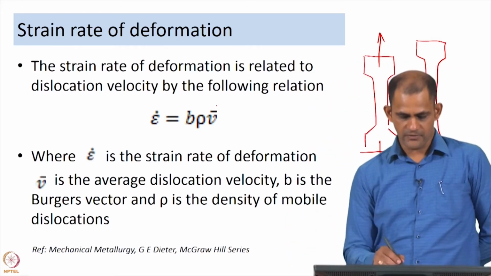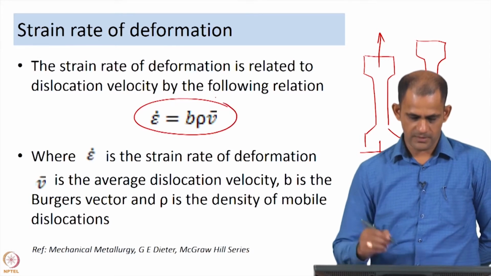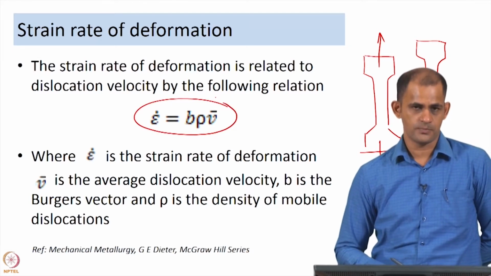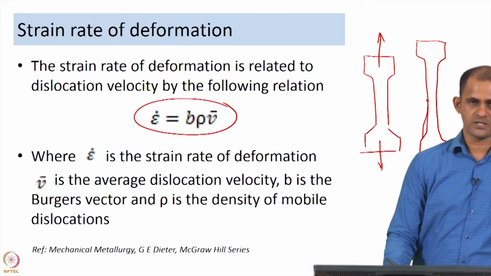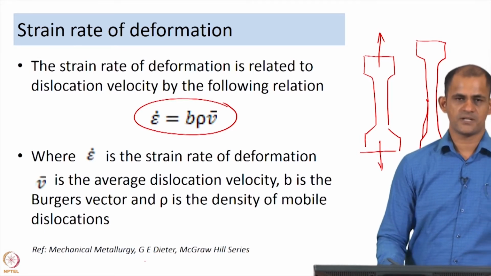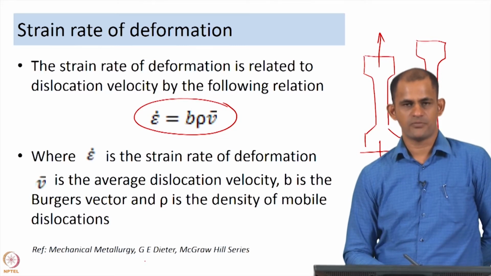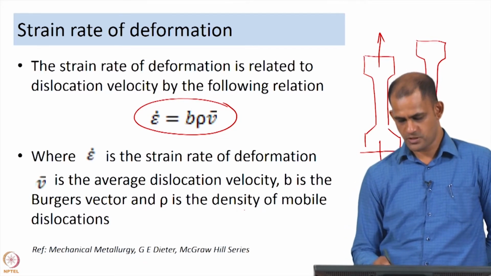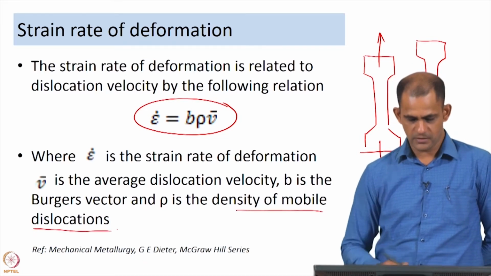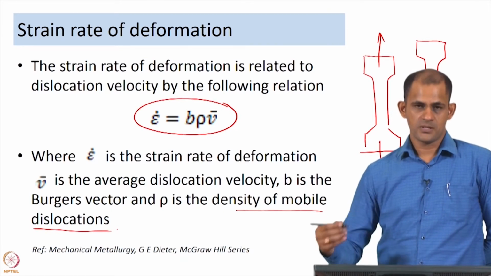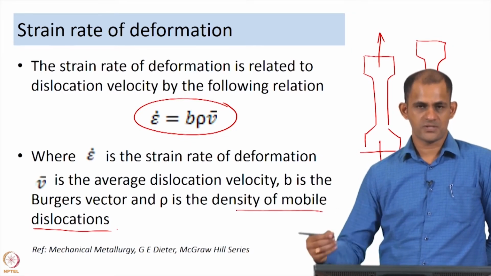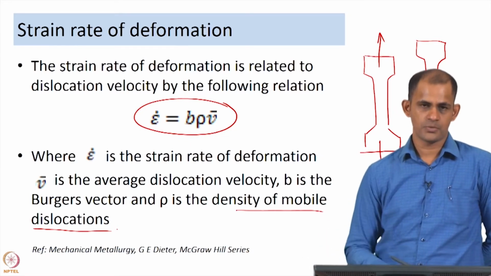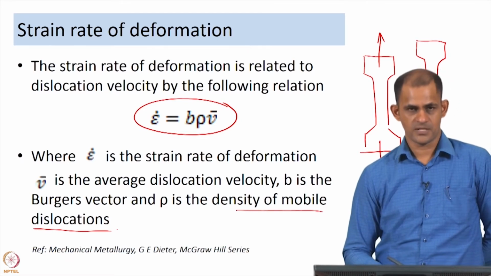The strain rate of deformation is given by the following relation: epsilon dot is equal to b rho v bar. Here v bar is the average dislocation velocity, b is the Burgers vector, and rho is the density of mobile dislocations. It is important to note this point: it is the density of mobile dislocations, because this deformation is going to happen by the motion of dislocations, and only those dislocations which are free to move will contribute towards the strain rate of deformation.